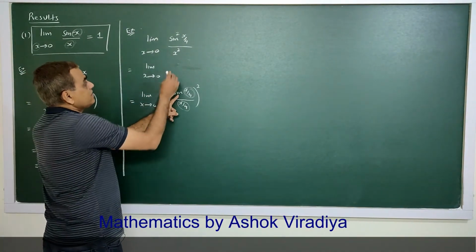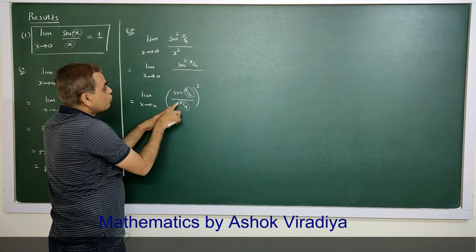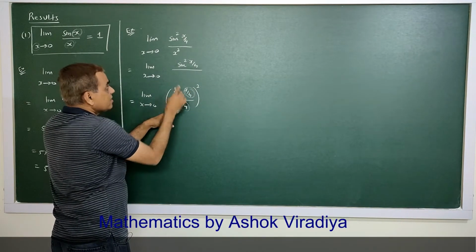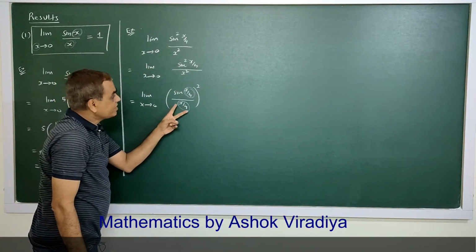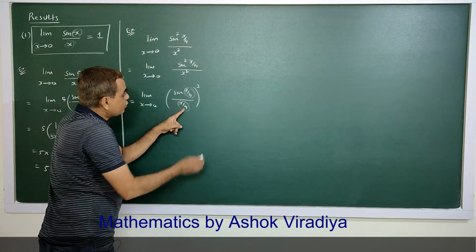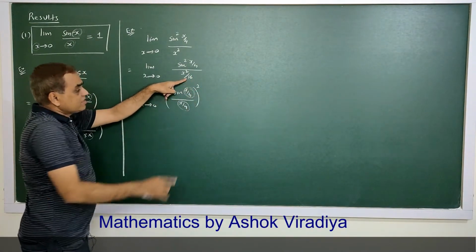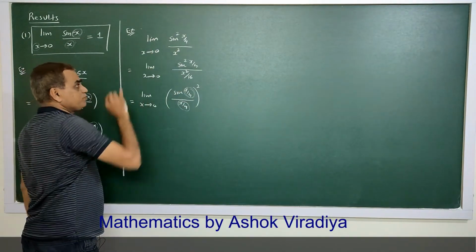Now this is sine square x by 4. This is x square by 16. Here x square is given. To write in this form, we must have 16 here. But we cannot change the value.